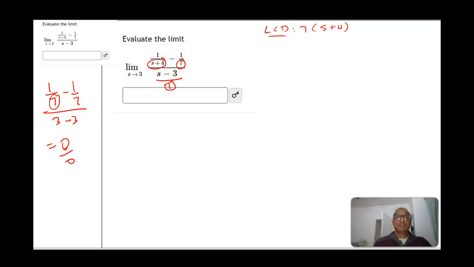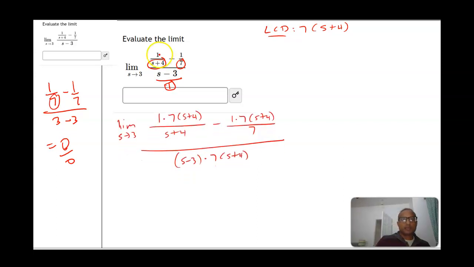Once we find the LCD, we're going to multiply all the numerators by the LCD. So I'm going to multiply the 1 by 7 times s plus 4, the second one by 7 times s plus 4, and then the s minus 3 by 7 times s plus 4.